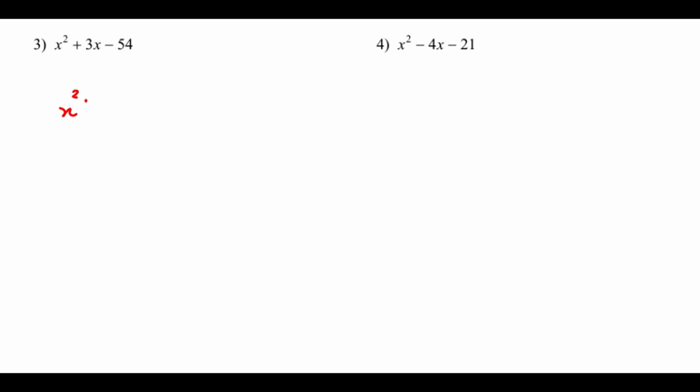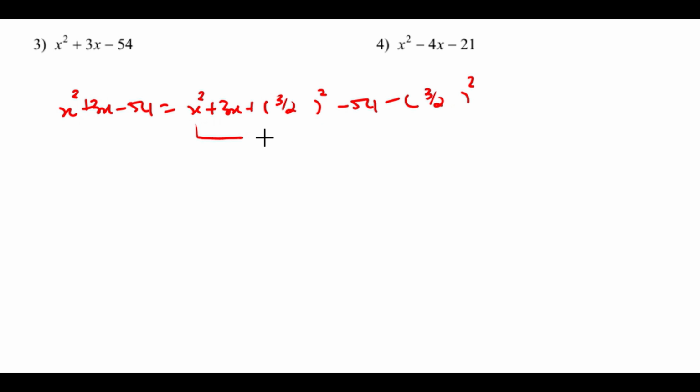Okay, x squared plus 3x minus 54. The coefficient of x squared is 1, so we're going to go straight to the second step. x squared plus 3x, we add a bracket squared, then we put in that term minus 54, and we subtract that same bracket squared. In the bracket we put half the coefficient of x, so half of 3 is 3/2. The first three terms form a perfect square trinomial, so open up brackets and square it.